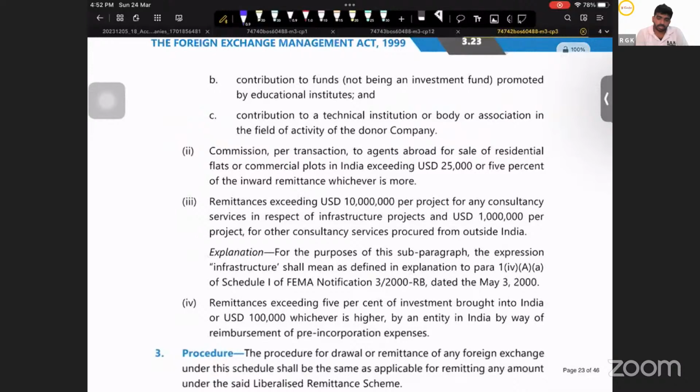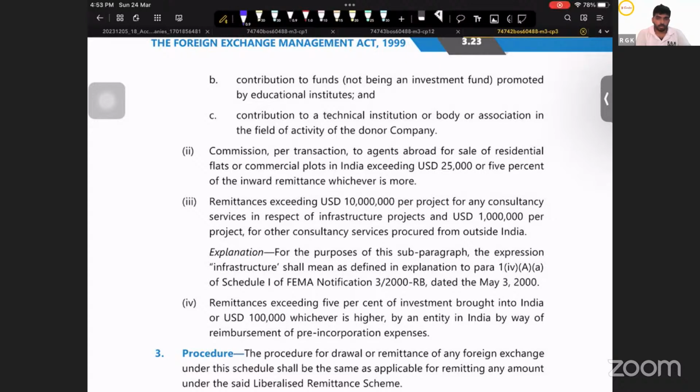If you are going to remit consultancy fees for an infrastructure project, and consultancy fees per project go beyond 1 crore dollars, or in case of other than infrastructure projects, if it goes above $10 lakh, then you will have to seek prior approval of Reserve Bank of India.